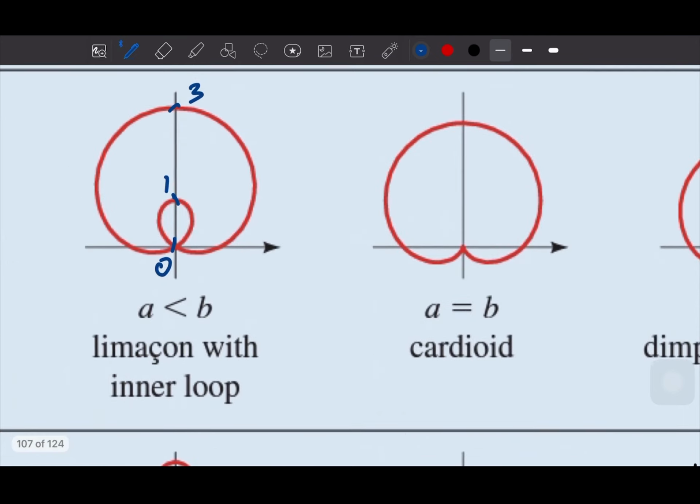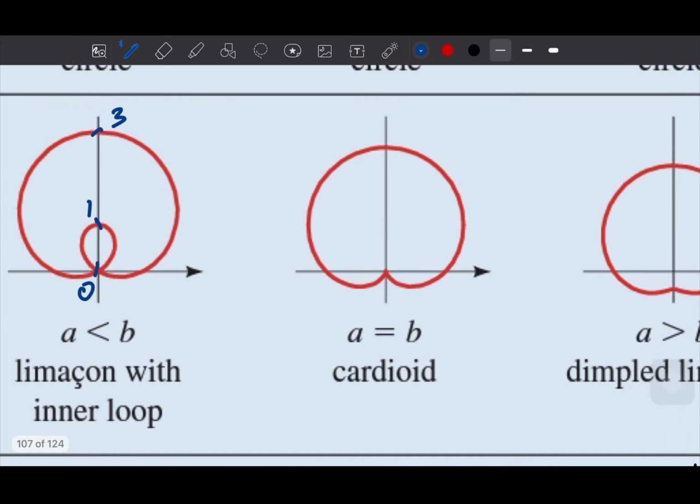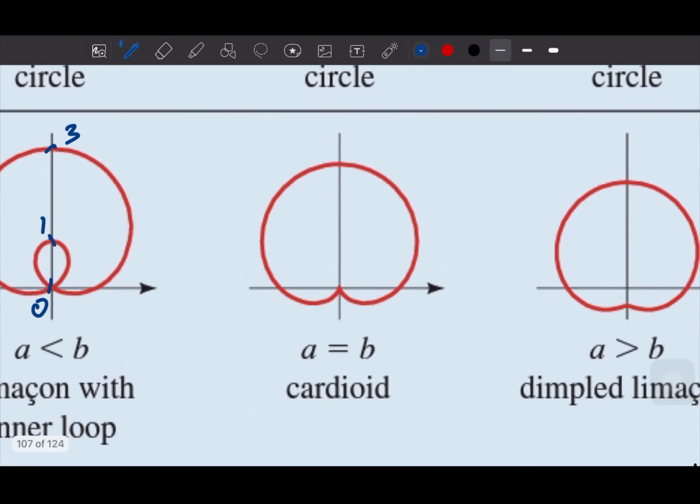And then the cardioid, we back to the cardioid. So you could predict what kind of equation this will be. It's a positive sine, so probably 1 plus sine theta.